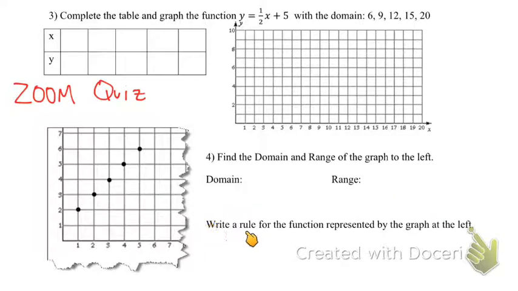And then you're going to write a rule. So if you remember our last Zoom meeting, here's the hint for you. Our rule always starts with y equals, and then you put a x down. And then you have to tell me if you're adding, subtracting, multiplying, or dividing in order to get the table that you got from here. Okay?